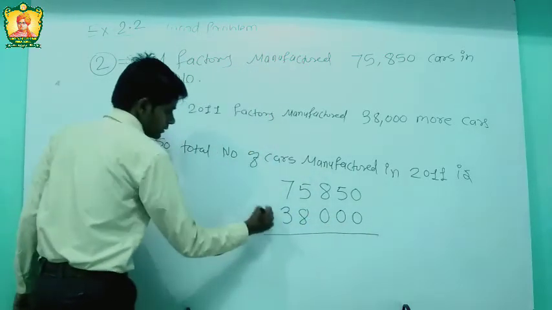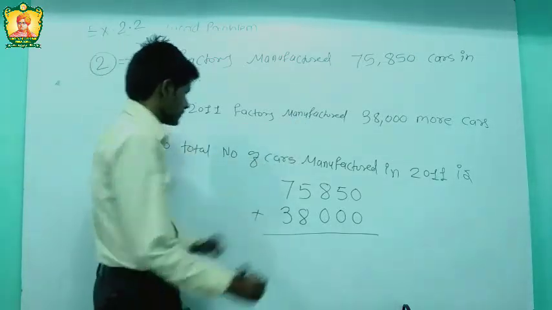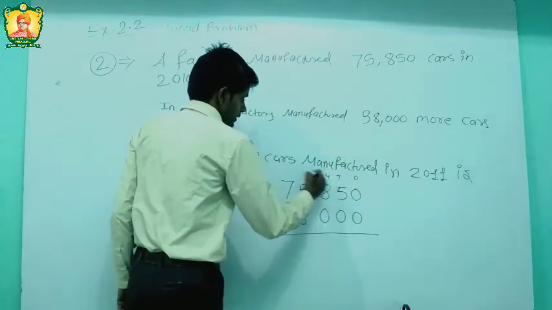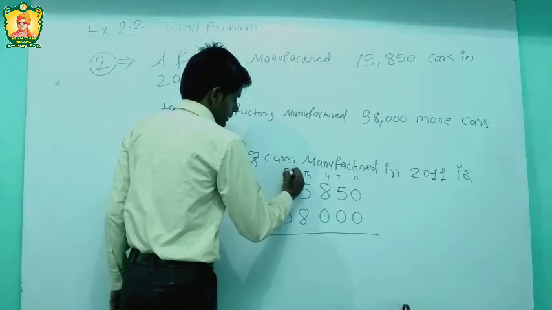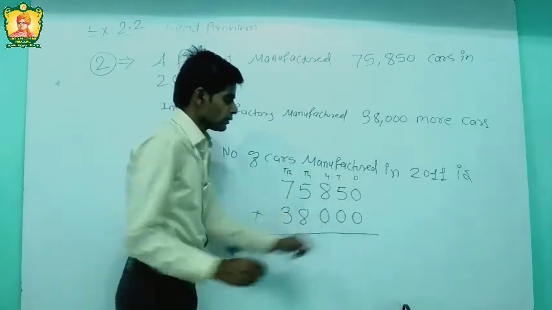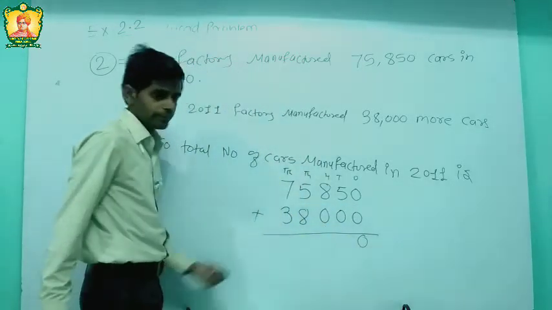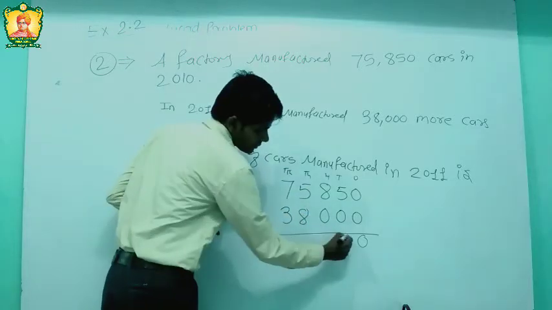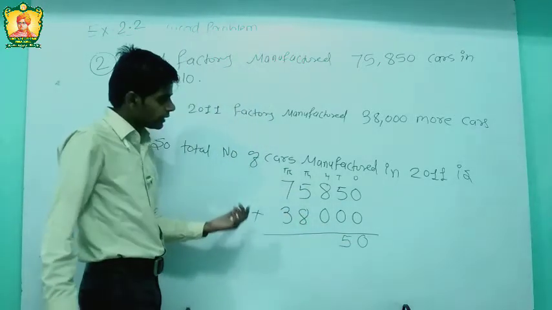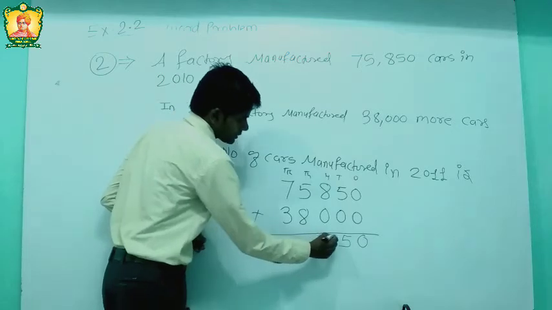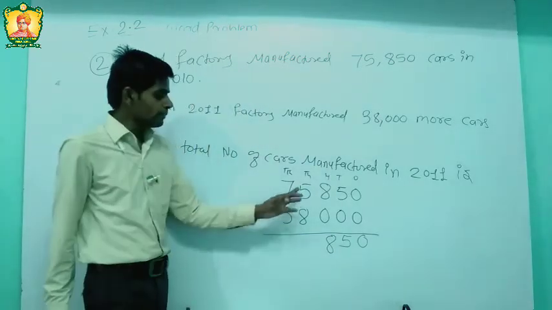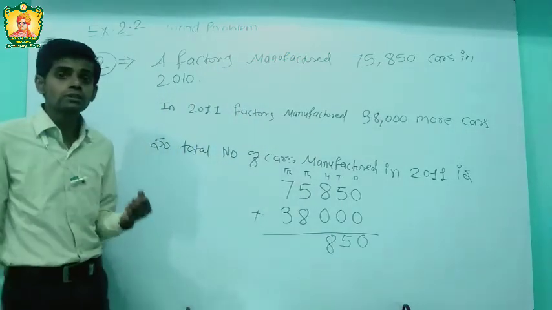Okay, now add. This is your 1, 10, 100, 1,000 and 10,000. Okay, 0 plus 0 gives us 0. 5 plus 0 gives us 5. Okay, 8 and 0 gives us 8. Now 8 plus 5 gives us 13.